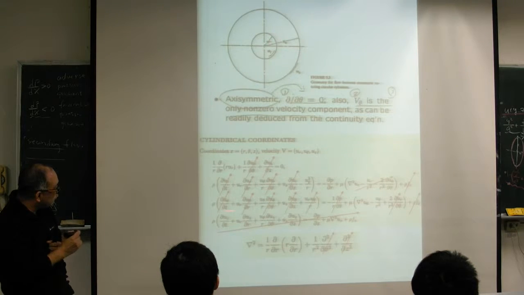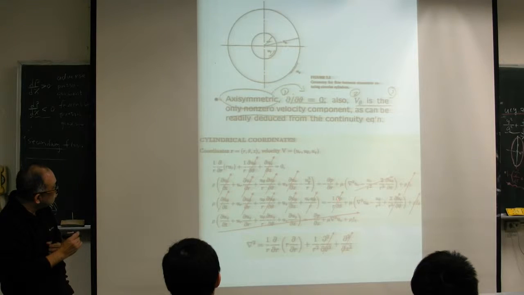In the theta direction, with steady state, this term drops. Not u theta, ur is equal to 0. You have u theta, which is not equal to 0, but ur is equal to 0. Partial theta is equal to 0, since any variation in the theta direction should be 0. uz is equal to 0, so these terms all drop.